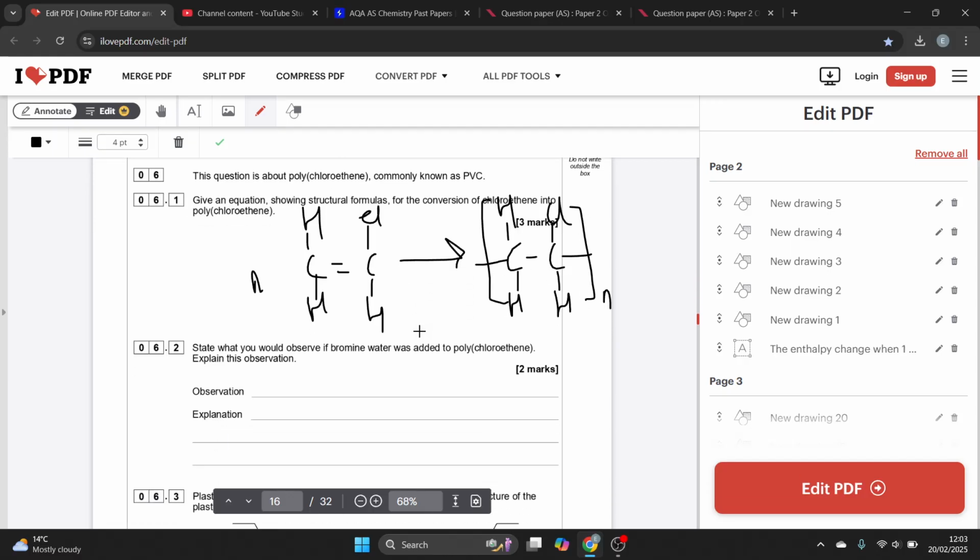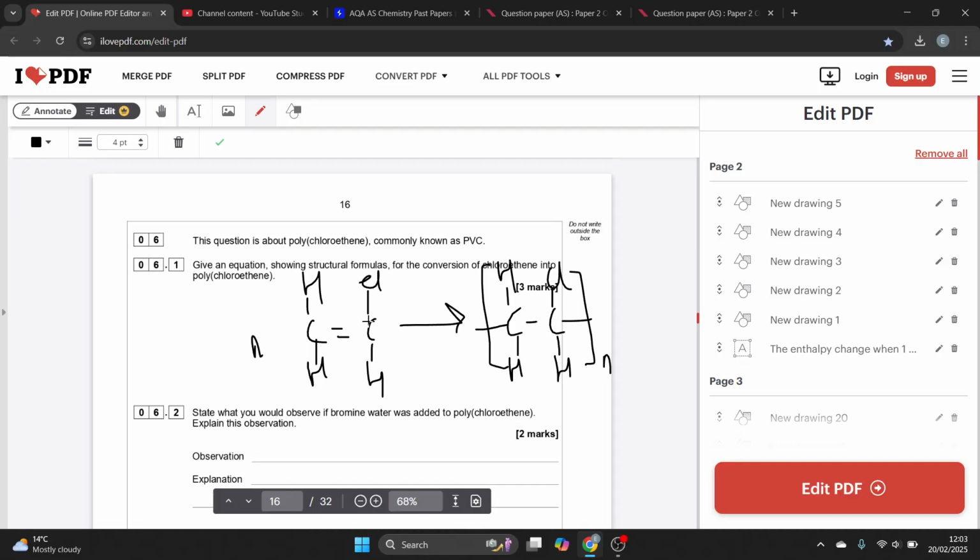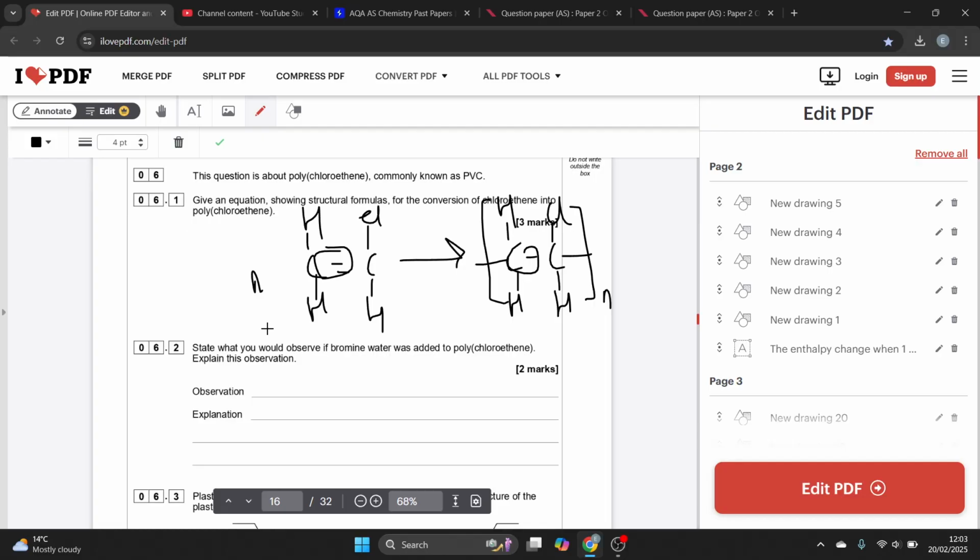So we observe, if bromine water is added to polychloroethene, the observation. So polychloroethene, well, what's happened? We've gone from a double bond to a single bond. So no reaction, because the polymer is saturated.